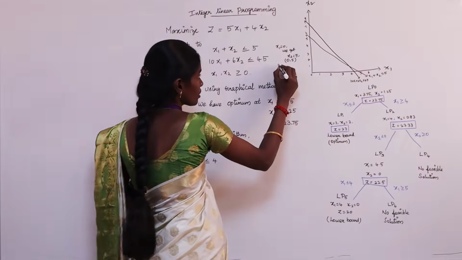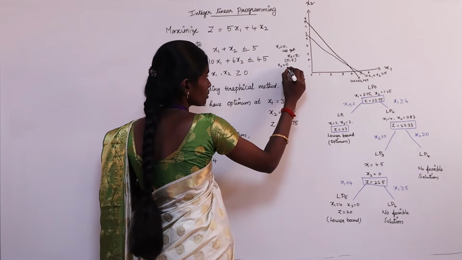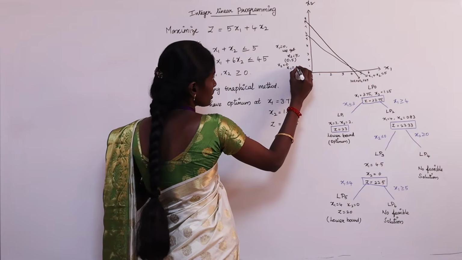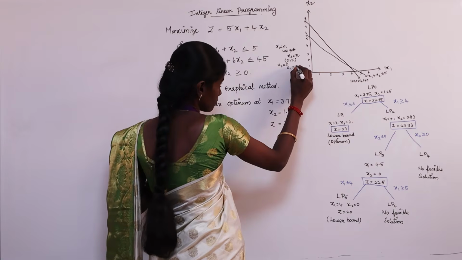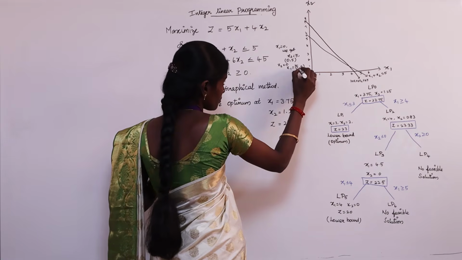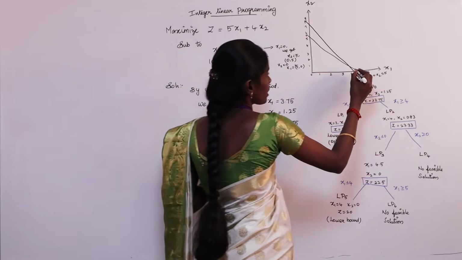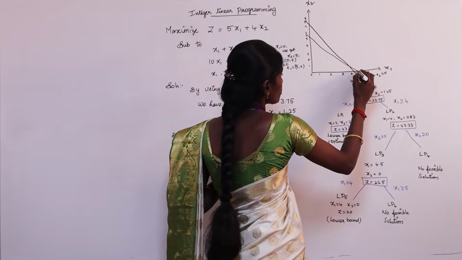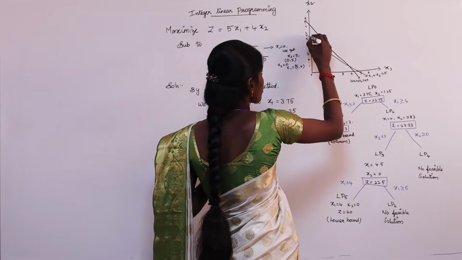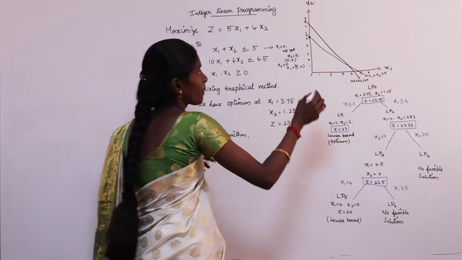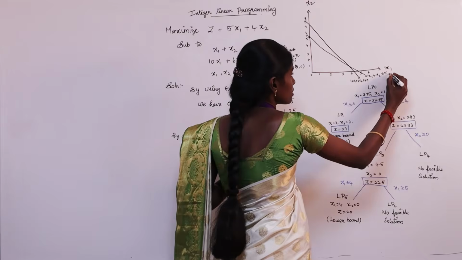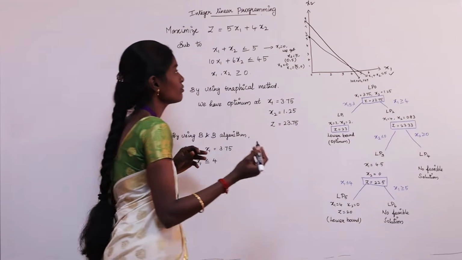In the same way, we put x2 equal to 0. Then we get x1 equal to 5. For this first constraint, we have to plot 5, 0 and 0, 5. This is the first constraint we have found.